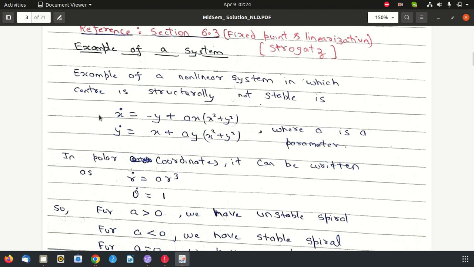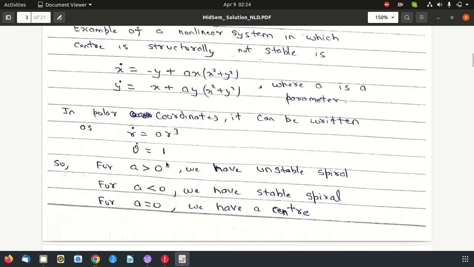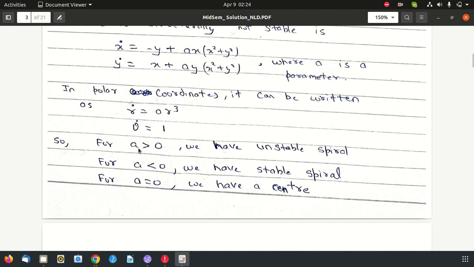If you write this in polar coordinates, you will get this. You can see clearly that if a is greater than 0, it shows an unstable spiral, for a less than 0 it shows a stable spiral, and for a equal to 0 we have a center. I have taken this example from the Strogatz book.